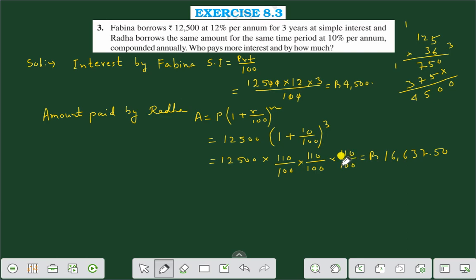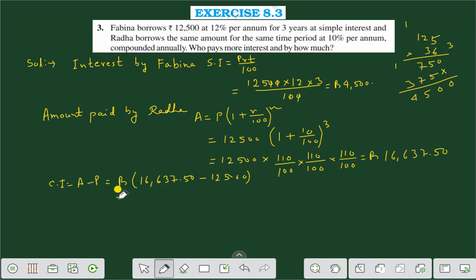Therefore, compound interest is equal to amount minus principal. Amount is rupees 16,637.50. Principal is 12,500.